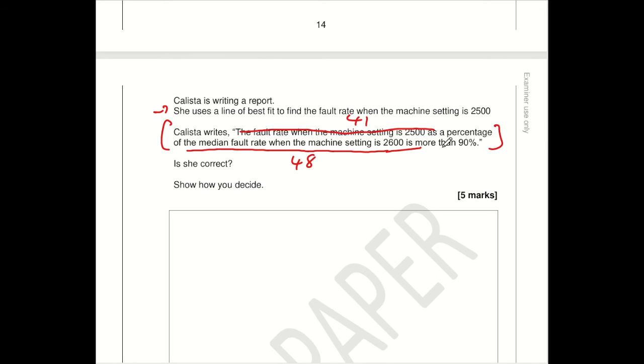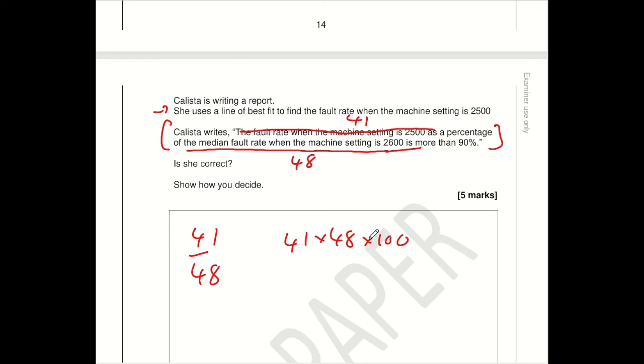41 as a percentage of 48 is more than 90%. Well, what is 41 out of 48 as a percentage? So if we're turning this from a fraction into a percentage, it's top divided by bottom multiplied by 100.